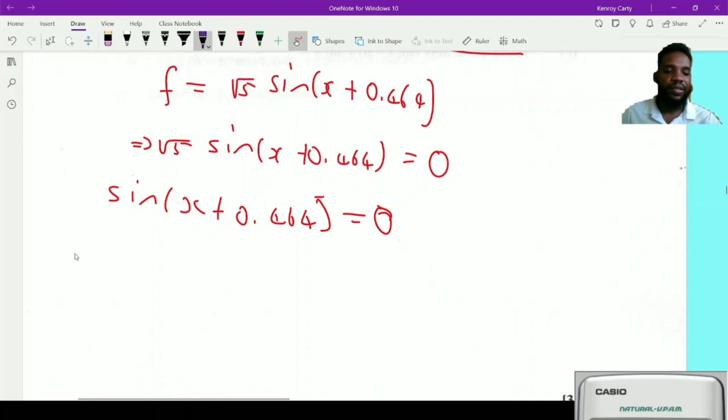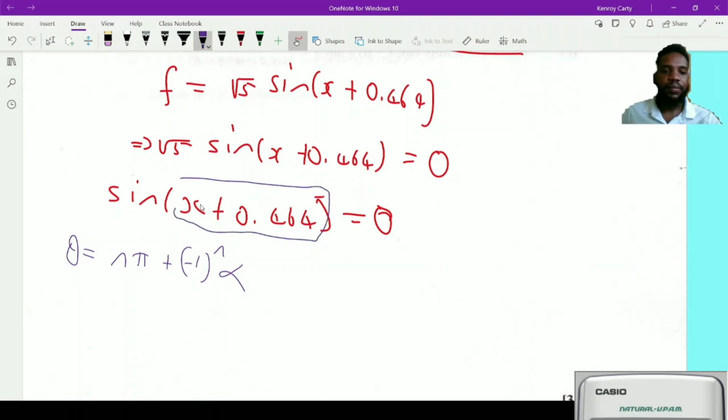For sine, the general solution is theta equal n pi plus negative 1 to the n times alpha. This is a general solution. Good. Now, how do I get alpha? Now, everything in here is naturally going to represent my theta.